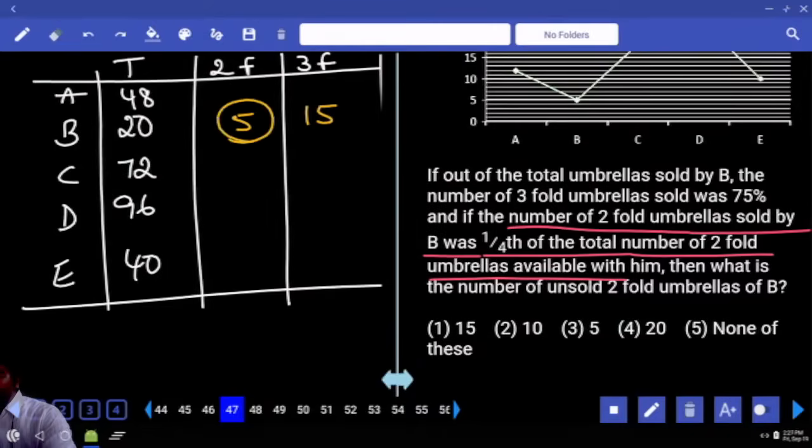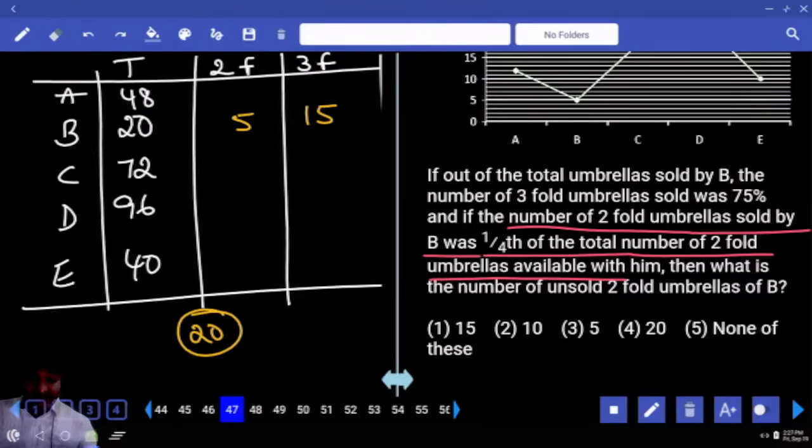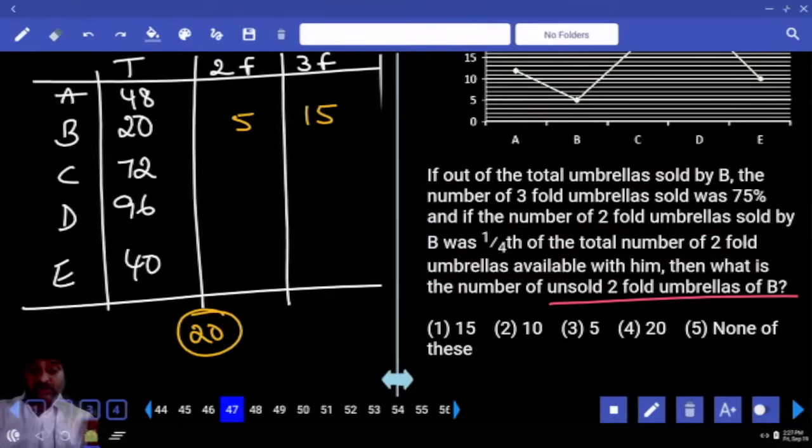Then total are 20. So total two-fold umbrellas available are 20. 1/4 of them is 5. Those many were sold. Condition satisfied. Question is to identify unsold two-fold umbrellas. Total available are 20. Sold are 5. Difference, 15 are unsold.